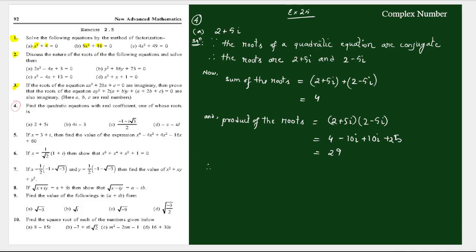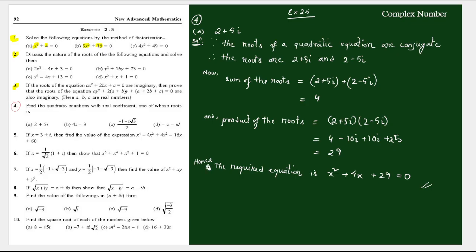So therefore, है ना, the required equation is क्या होगा? अभी एक्स स्क्वायर प्लस 4x प्लस 29 इक्वल टू 0, ठीक है? सो दिस इज, यहाँ पे हेंस लिख दो, ओके, this will be better.